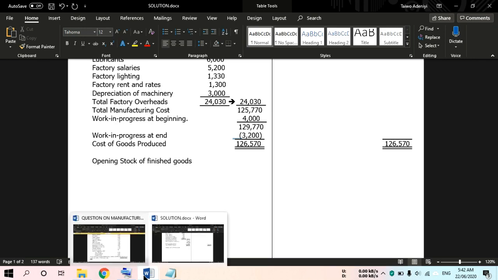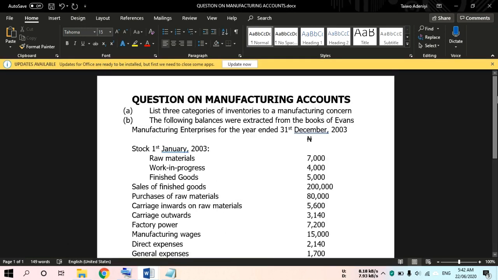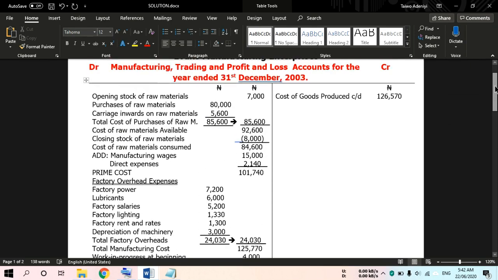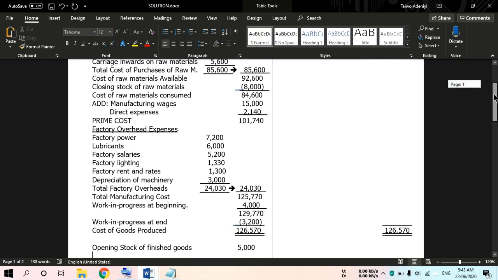Let's check how much the opening stock of finished goods. That's 5,000 there. So then immediately after this, what is here is cost of goods produced, CD, on the credit side here. So we'll apply the principle of the double entry system, which states that for every credit entry there must be a corresponding debit entry.